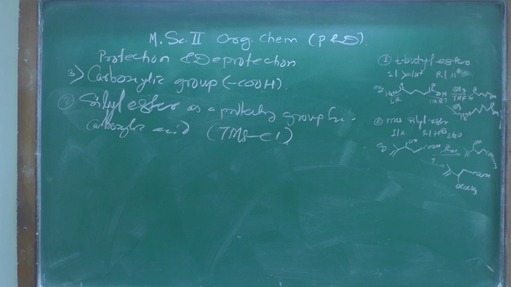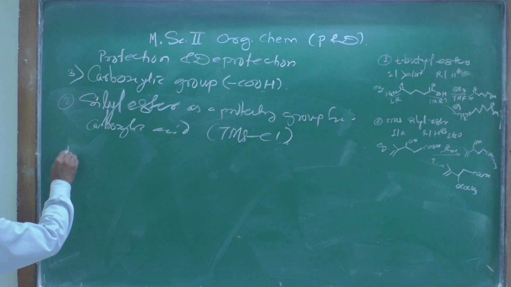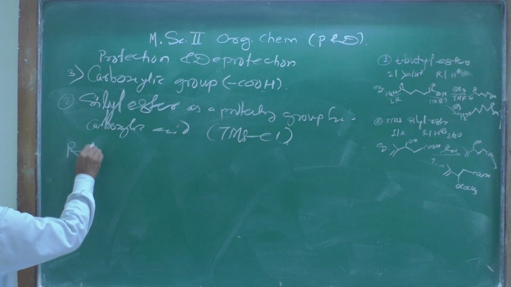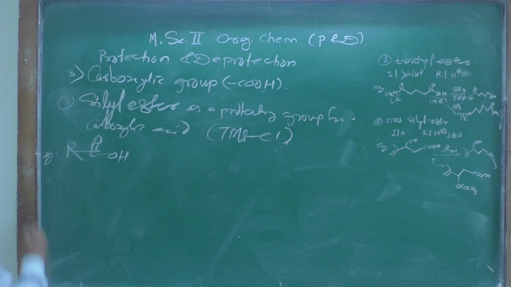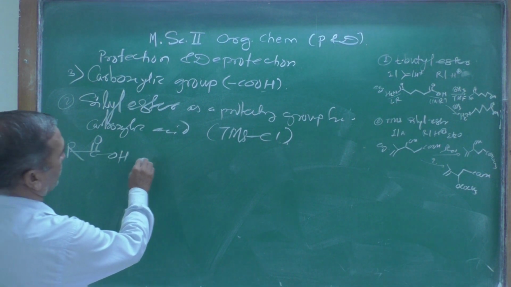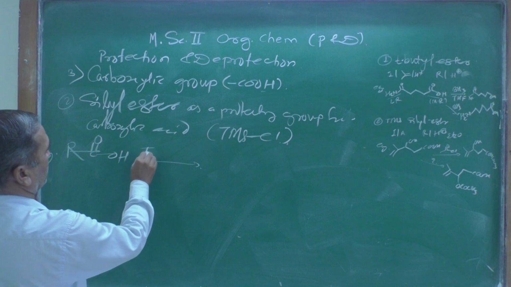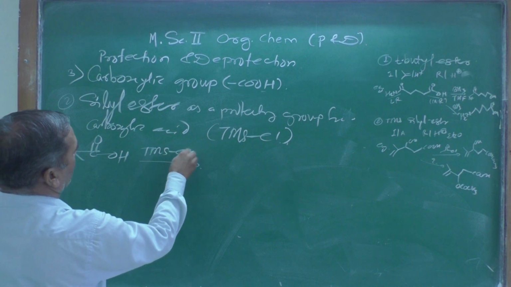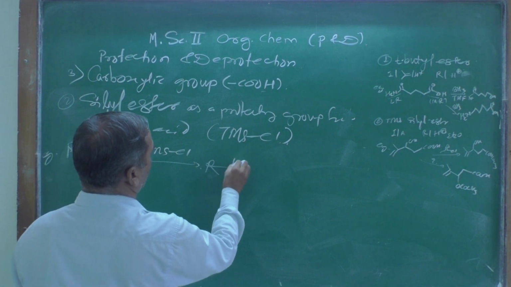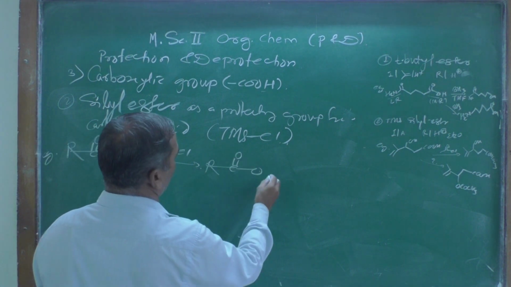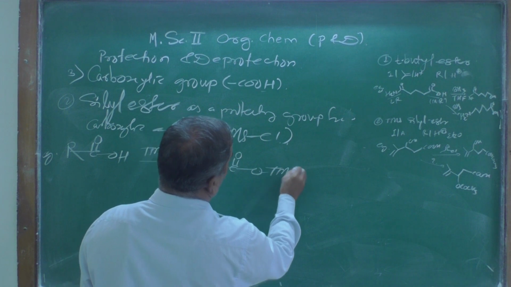So in this case both ways we can prepare. Now let us look here, the general formula of acid is RC double bond OH, right? This will be treated with TMSCl. What do you get? You are going to get RC double bond O, then TMS.